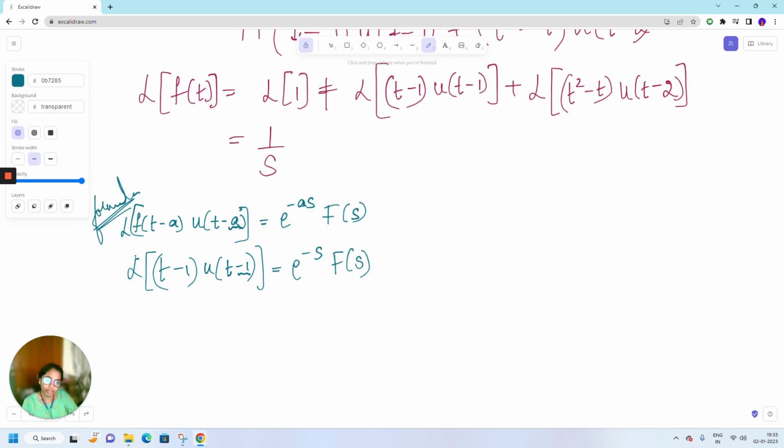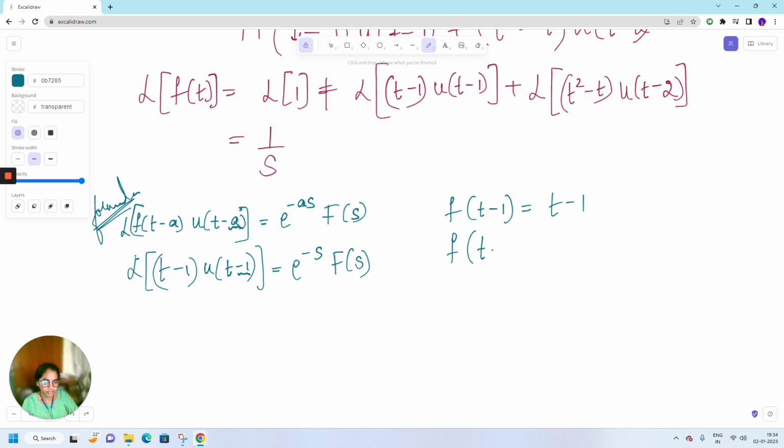How do I find f of s? First write down f of t minus a. In place of a I have 1, right? So f of t minus 1 would be t minus 1, in the question I have t minus 1 itself. Now, what should I find? I should find f of t.